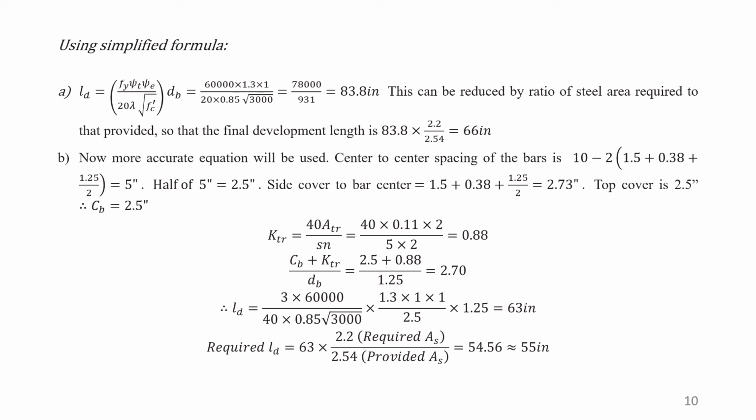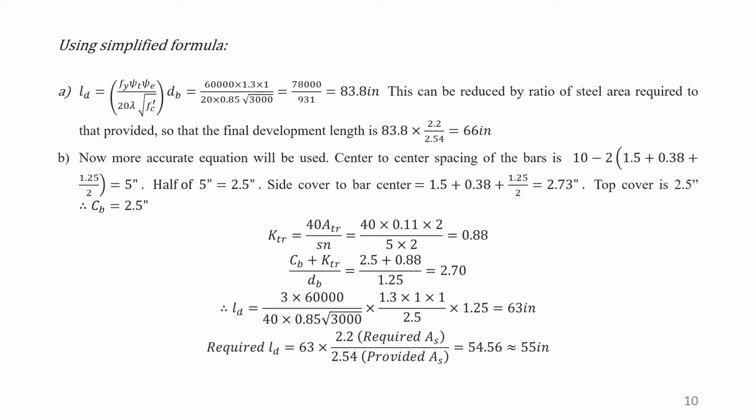From 10 we have to deduct two sides, and the two-side clear cover is 1.5 plus the stirrup diameter is 0.38, and half the bar diameter is 1.25 divided by 2. That all gives us 5. This is the value of C. So the center spacing of the bar is half of this 5.5, which is 2.5.